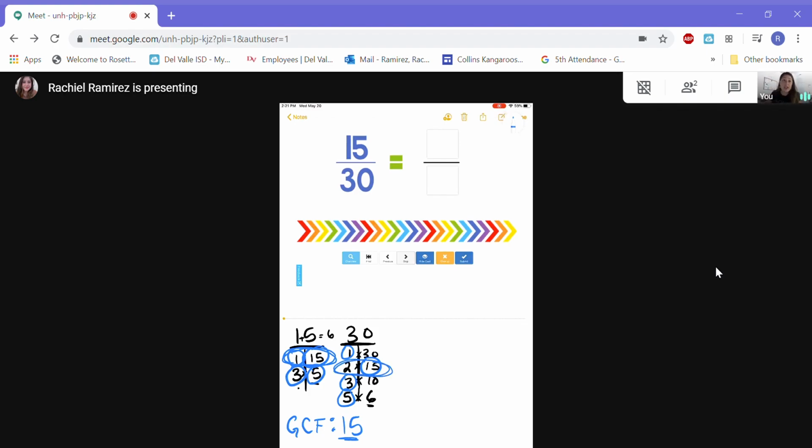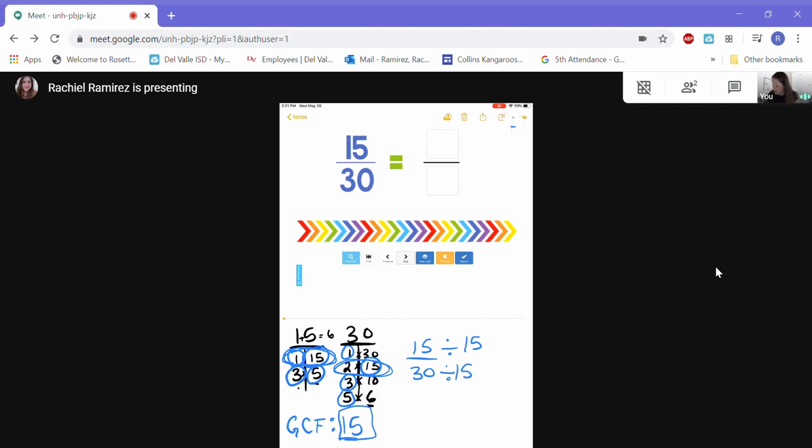Because those are the pairs. They go together. So if we have 15 over 30, what we normally do is divide by the greatest common factor. So we divide by 15.